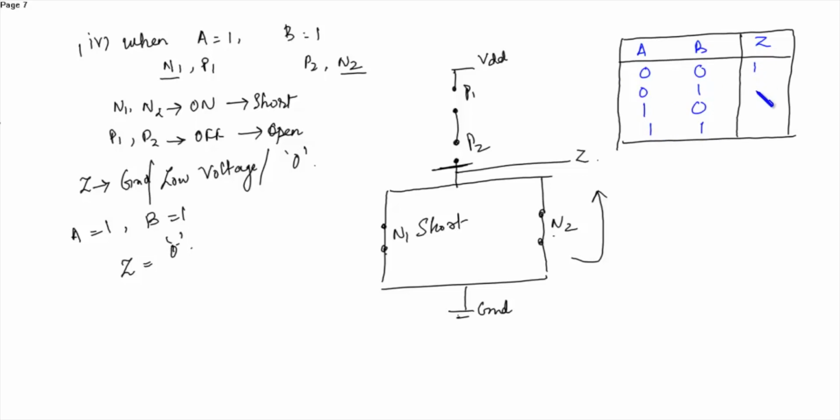So obtained output is 1, 0, 0, 0. Truth table is now verified from the schematic.